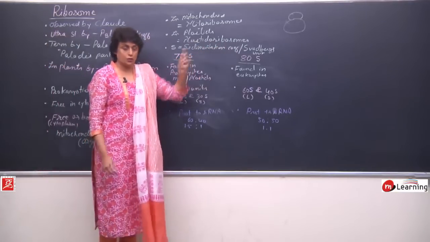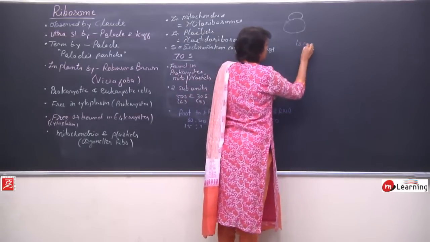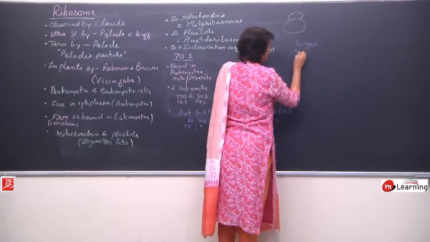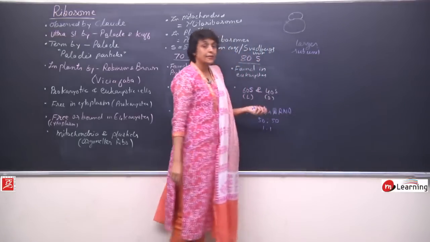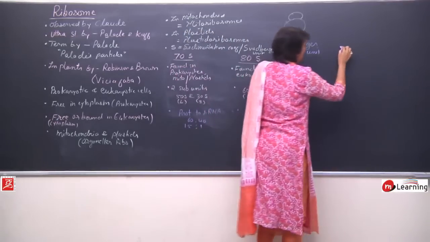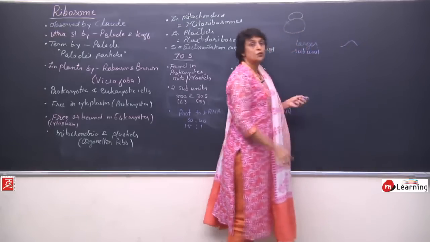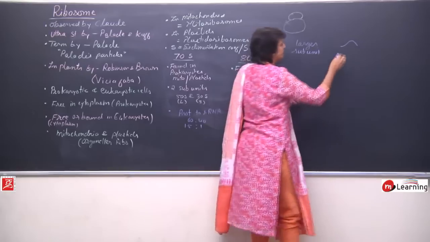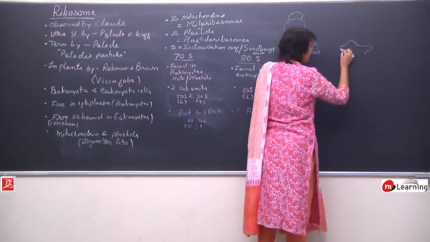Let us see the structure of the ribosome first. The larger subunit has a projection on the upper end, which is known as the protuberance, a ridge and a body.